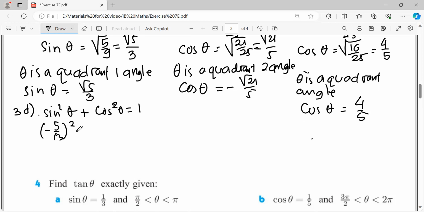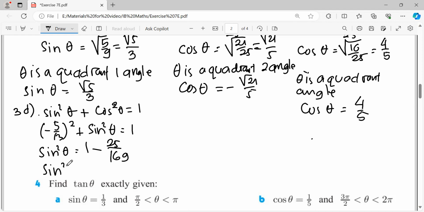So sine squared theta equals 1 minus 25 over 169, so sine squared theta equals 144 over 169.